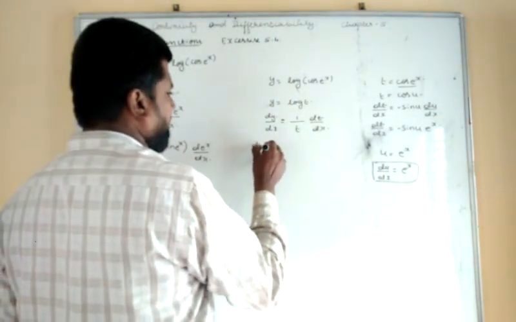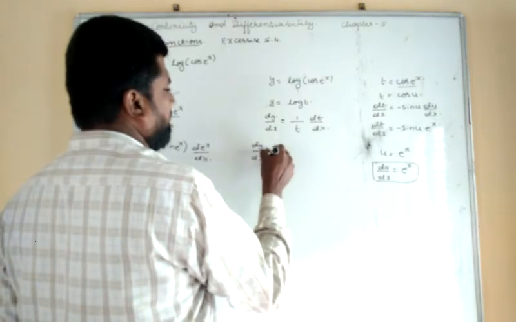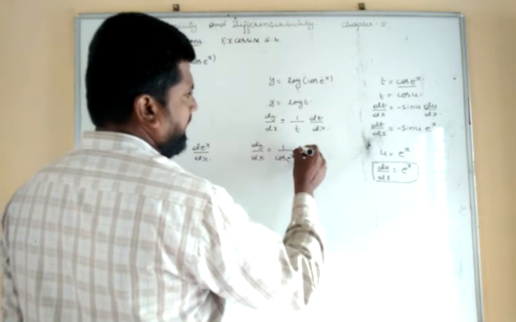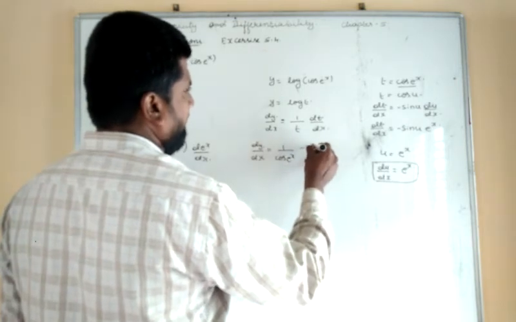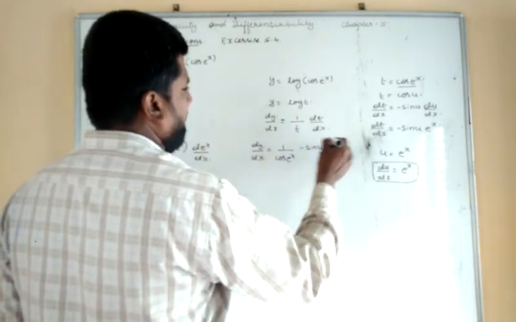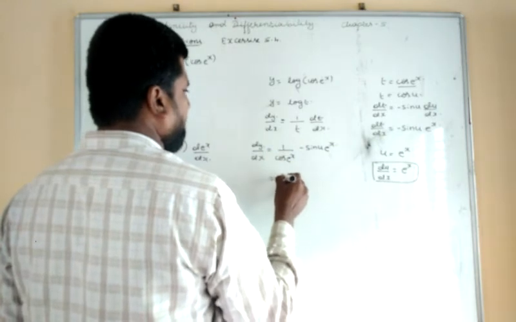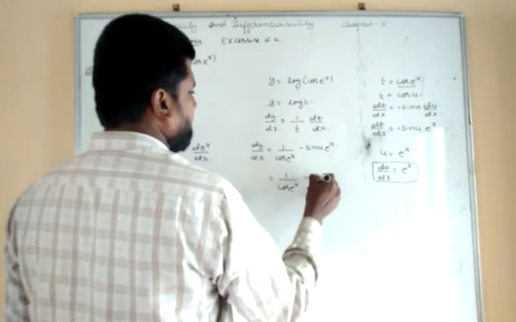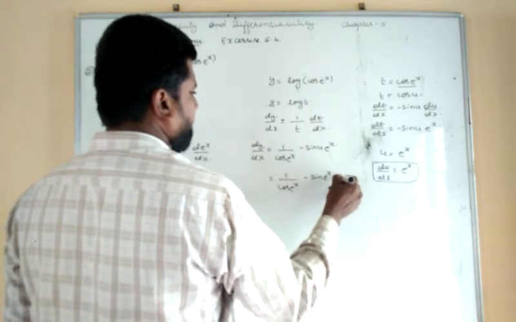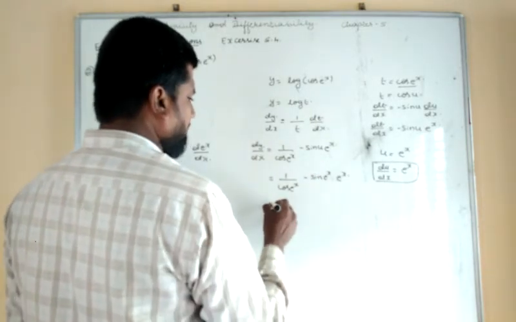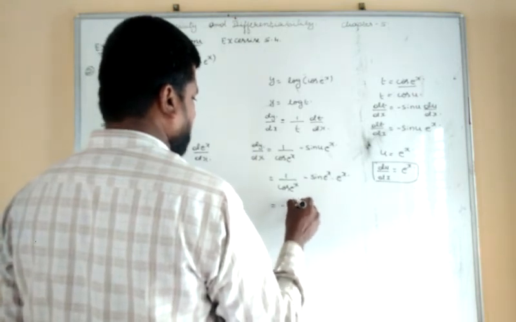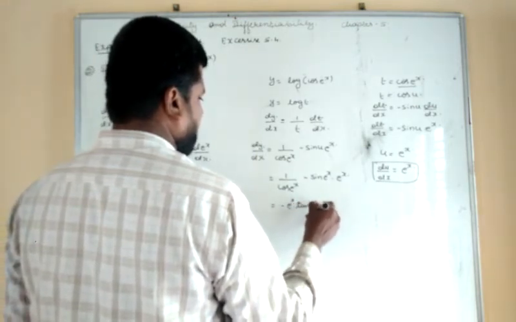So dy by dx is equal to, t value is cos e to the power of x, then dt by dx is minus sine u e to the power of x. u means 1 by cos e to the power of x, u means sine e to the power of x into e to the power of x.